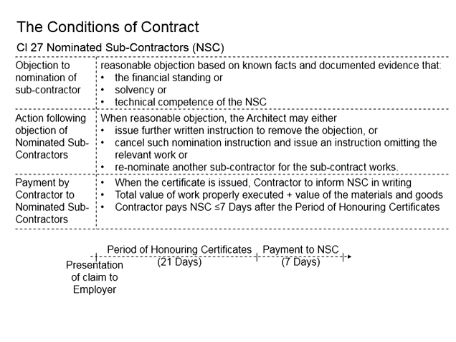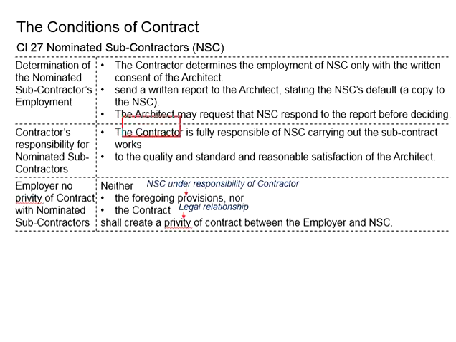We have established previously the relationship. It will be between the employer and the contractor, and the contractor with the nominated subcontractor. With that, the contractor is fully responsible for the nominated subcontractor.